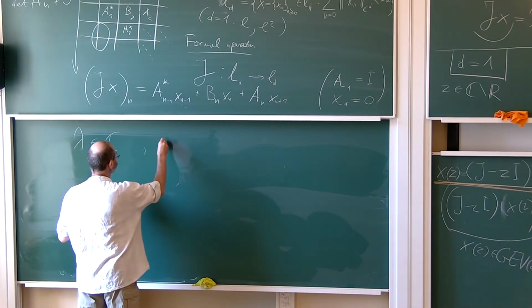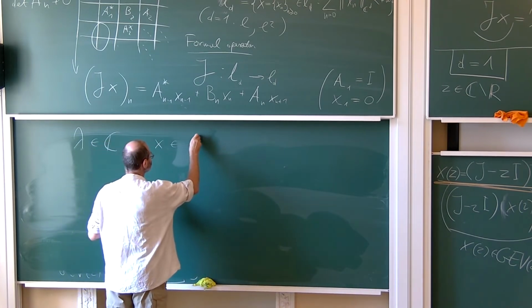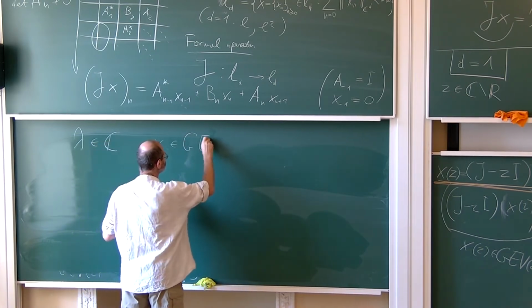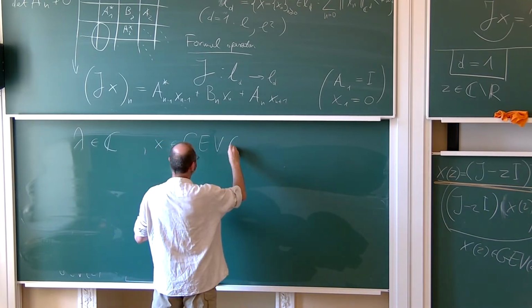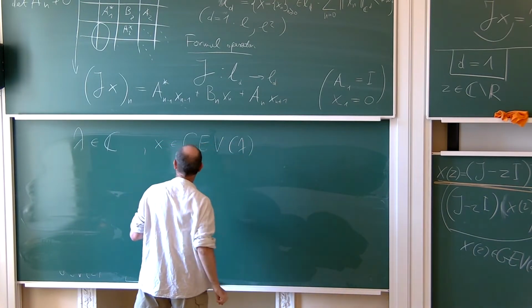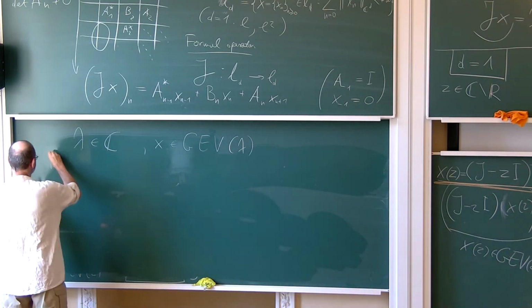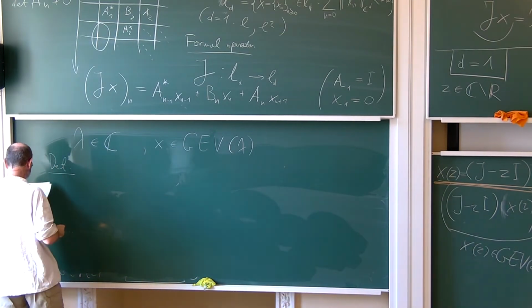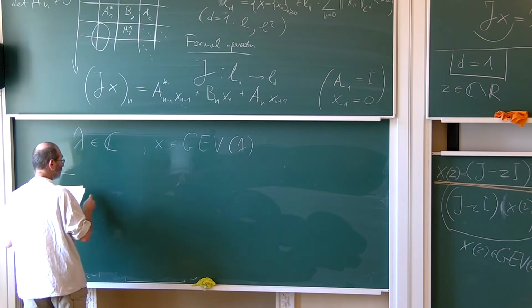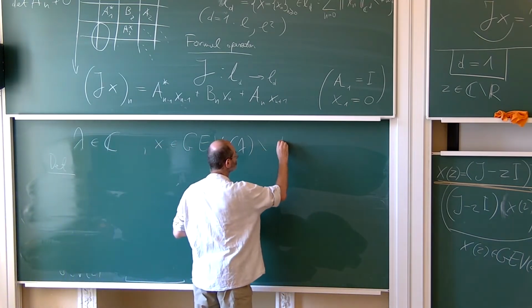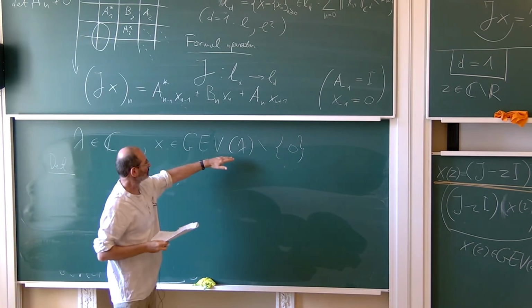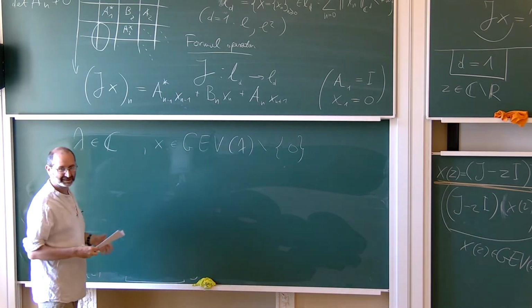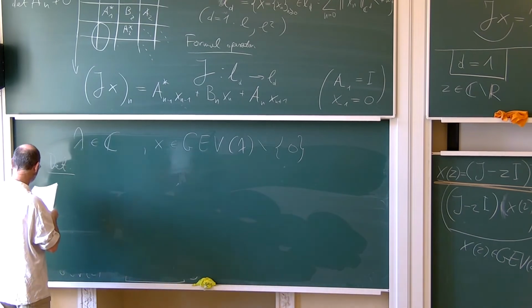And consider x, which is a generalized eigenvector for lambda. Yes, and the definition is as follows. And this is important that this is non-zero. Okay? This is a non-zero vector which solves our equation.